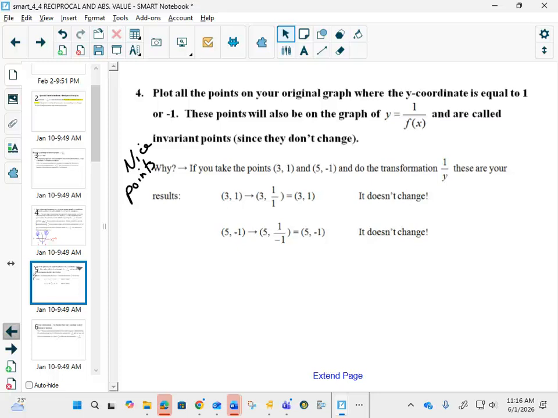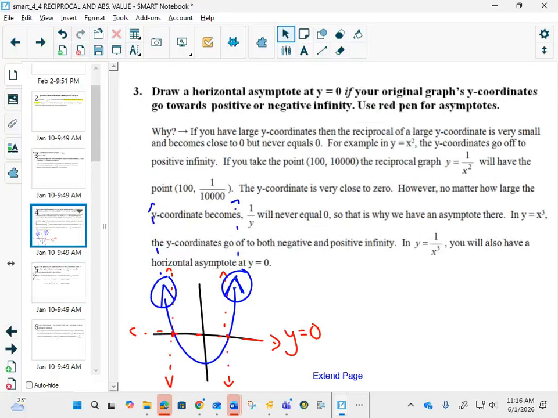So if I look back at the mini parabola that I just drew, if I knew on the blue graph that I had the point 0 comma negative 4, I would know on my green reciprocal graph I would have 0 comma 1 over negative 4. Your y value just goes on the bottom.